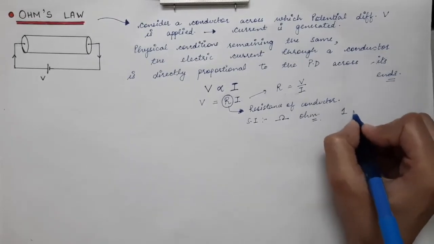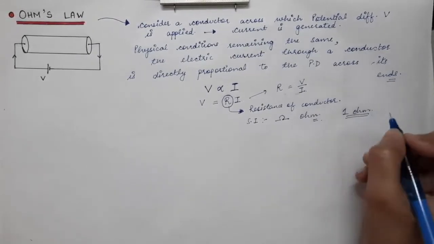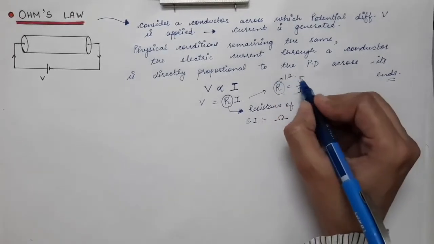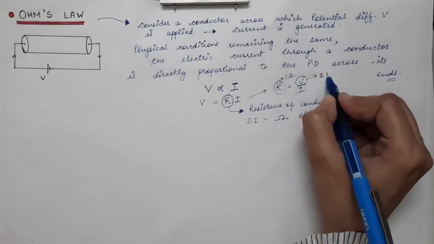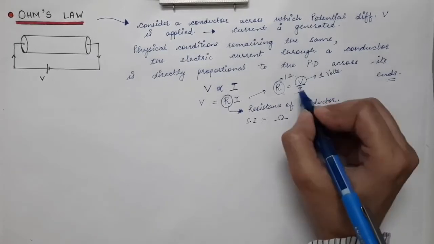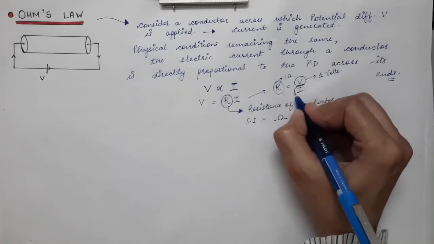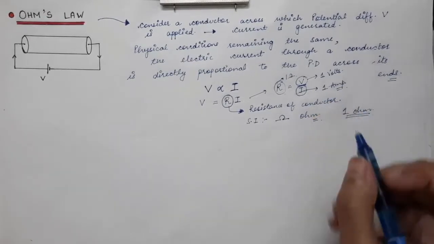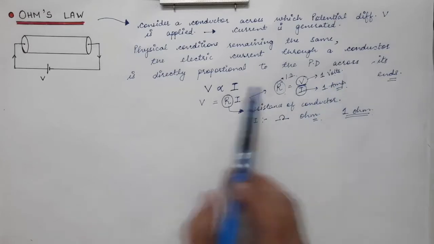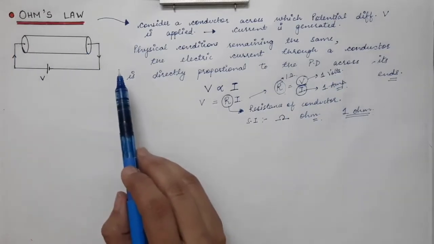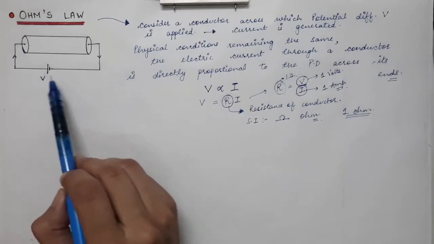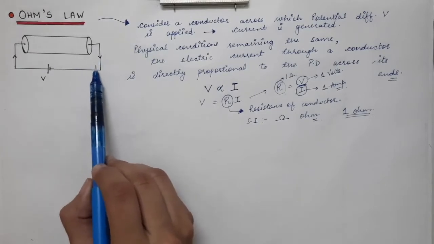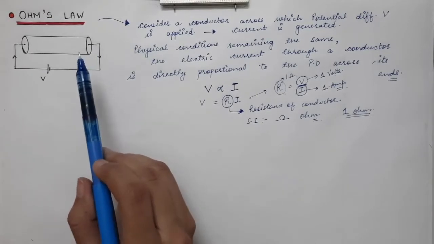Now how do we define 1 ohm? Resistance is equal to 1 ohm when the potential difference is equal to 1 volt. What is the unit of potential difference? It is volts. And the current is 1 ampere. So if we apply a potential difference of 1 volt across a conductor, and on applying 1 volt of potential difference, 1 ampere of current is generated, you can insert an ammeter over here and measure the amount of current.